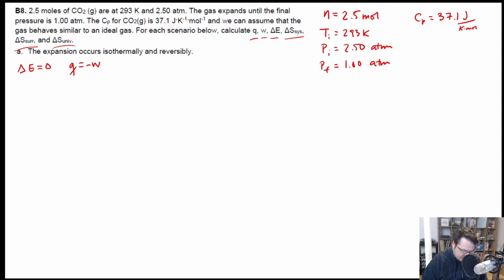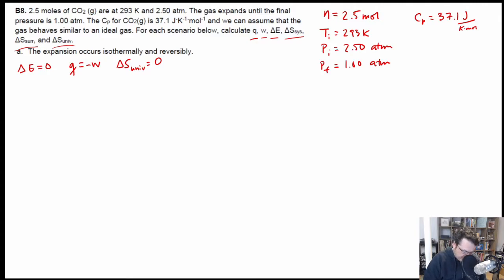The next thing we know is that because it's a reversible expansion, delta S of the universe is going to be equal to zero. So that's completely taken care of. We know that delta S of the universe is equal to delta S of the system plus delta S of the surroundings.